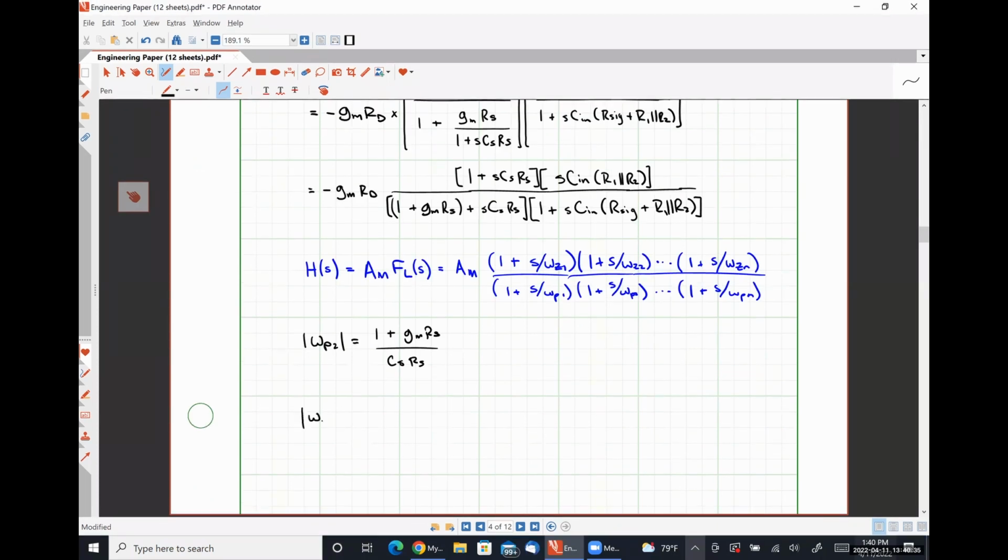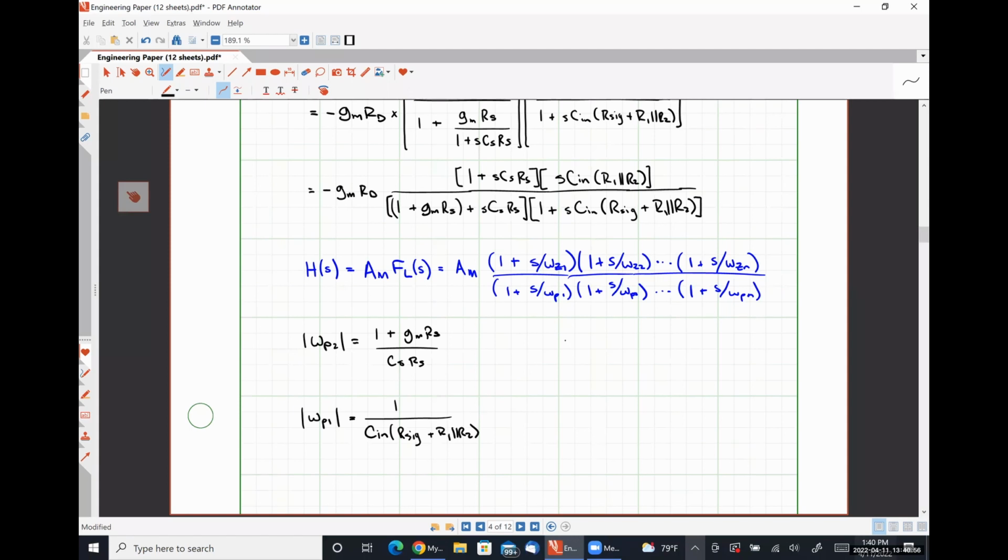It has a pole omega P1 at 1 over Cn times Rsig plus R1 in parallel with R2.